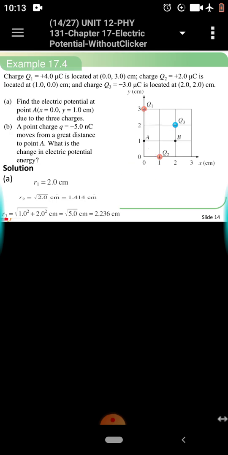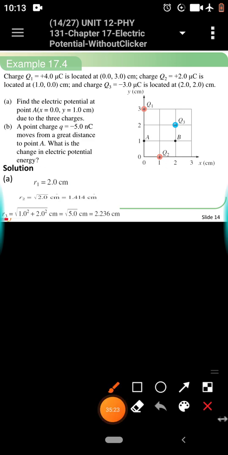We just need to calculate those distances. If you talk about r1, it will be 3 minus 1, which is 2 centimeters. And then to calculate r2, which is this part, we need to subtract. This is how we do it.